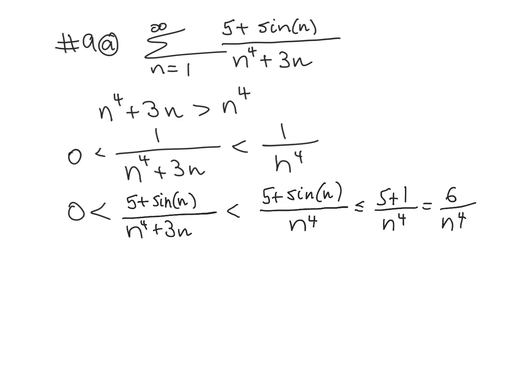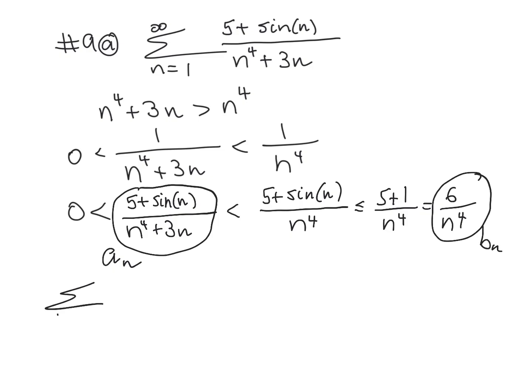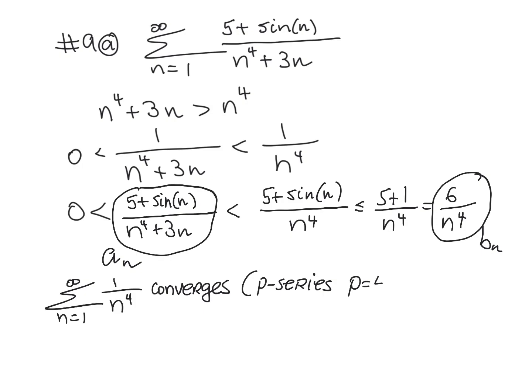We now label the sequence (5 plus sine n) over (n to the fourth plus 3n) as a sub n, and 6 over n to the fourth as b sub n. And we see that a sub n is smaller than b sub n. So now let's look at the summation 1 to infinity of 1 over n to the fourth. We know that this series converges because it is a p-series with p equals 4, which is greater than 1, therefore it converges.